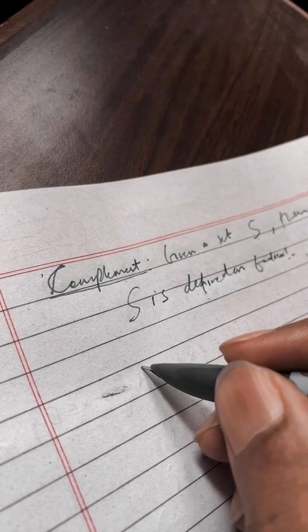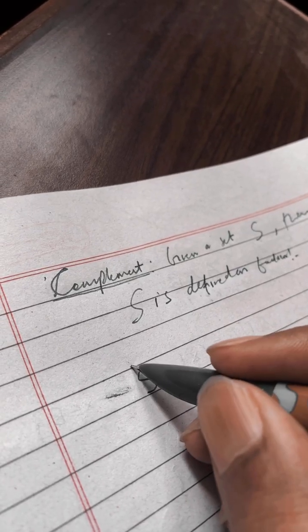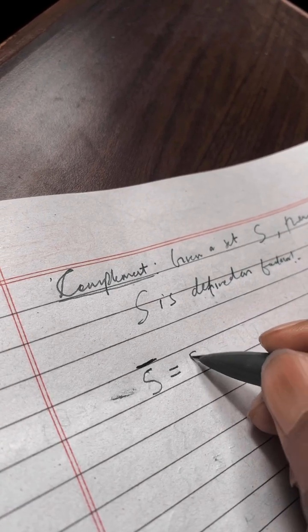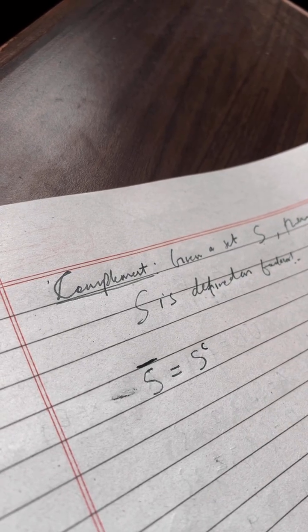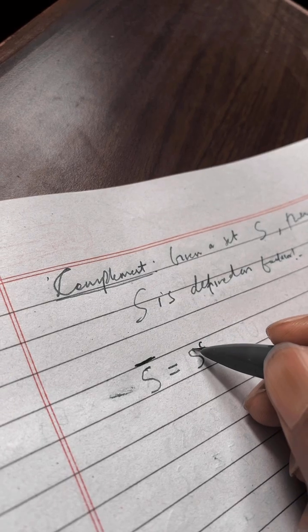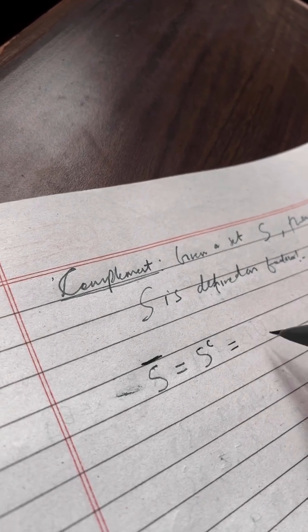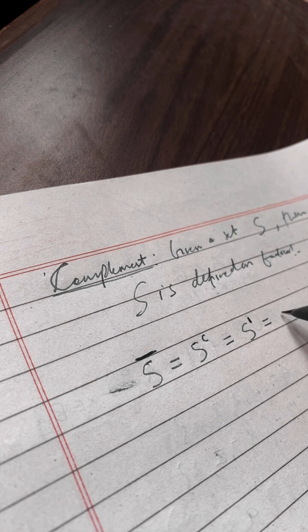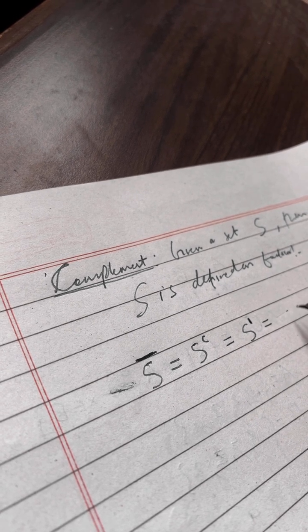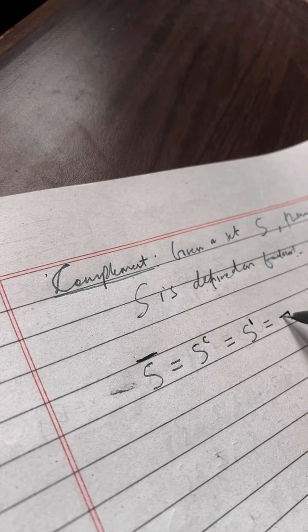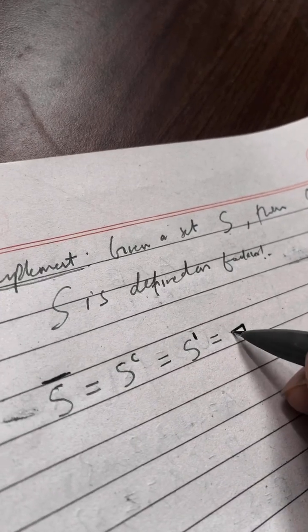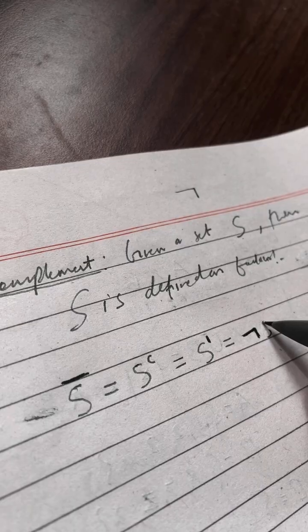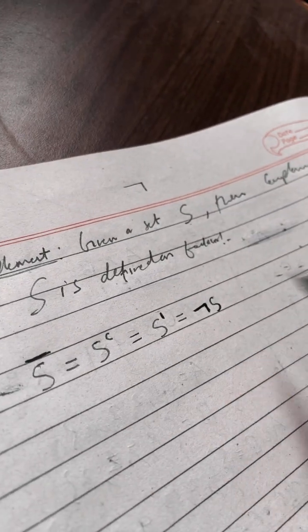What is the notation of complement? Various notations. We can choose S with a bar on top of it, or the other notation is S with C at the right corner on top, or S with a dash like this, or this symbol, like a horizontal bar then a vertical bar, and S, it is also complement. So we have many different kinds of symbols for complement, right?